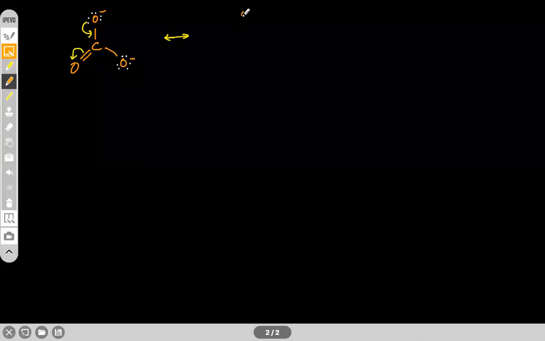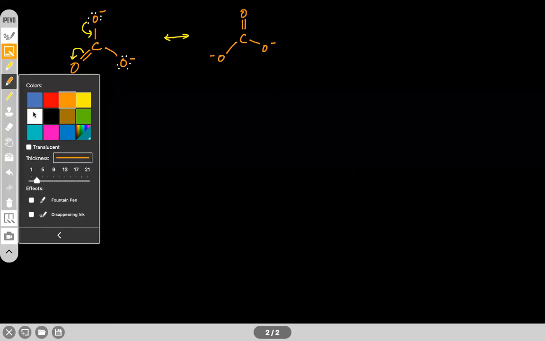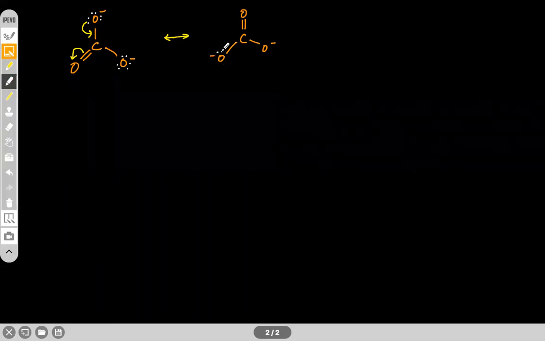That is the interconversion of lone pair into pi bond and pi bond into lone pair. The structure that we get here is this: oxygen double bond C, this oxygen stays as it is, and here we have one negative charge on this oxygen. Again, these two oxygens will have 3 lone pairs. Further, we have resonance possible here with pi, sigma, lone pairs.